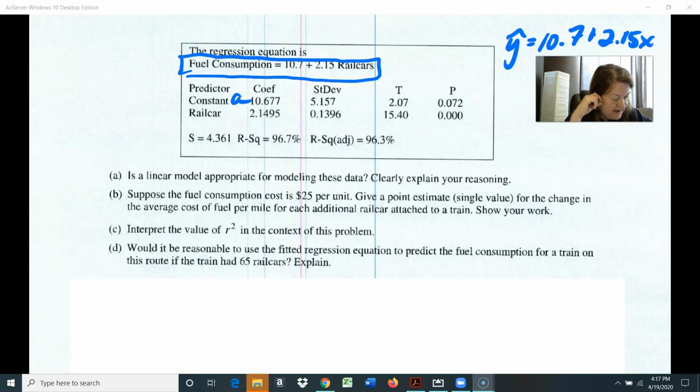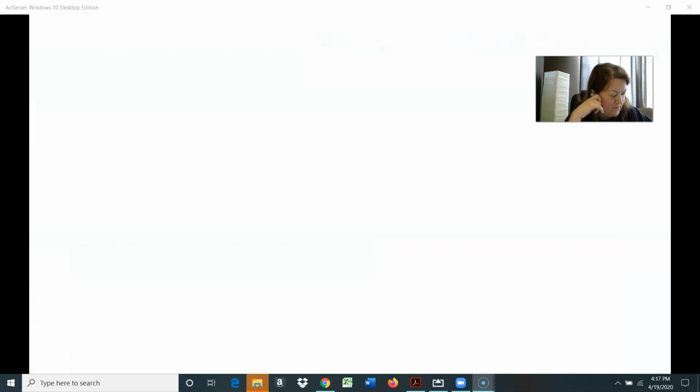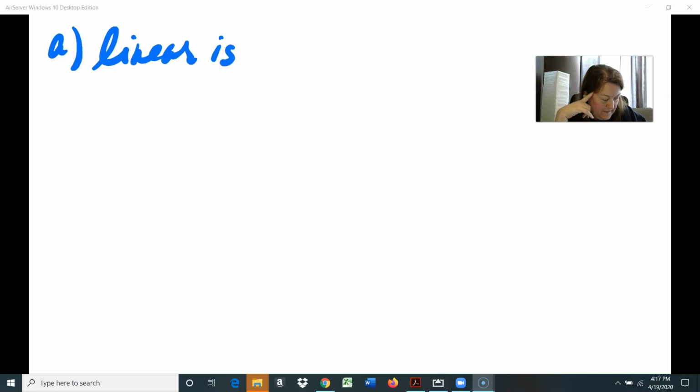Remember, the first number is our a, the second number is our b in the equation y equals a plus bx. So what they're asking is, is a linear model appropriate for modeling these data? Clearly explain your reasoning. For part A, what do you think we would say? Would you say that it looks linear and would be appropriate? We'd probably say linear is appropriate.